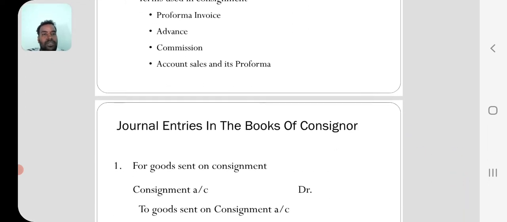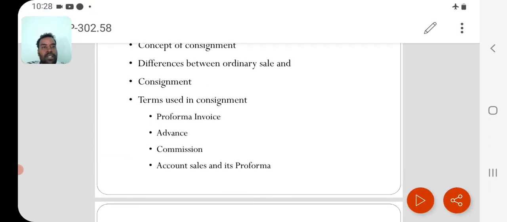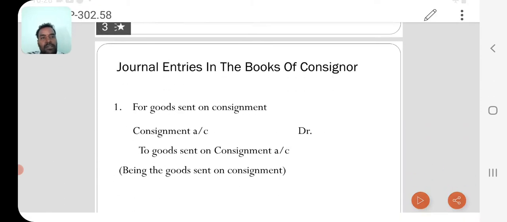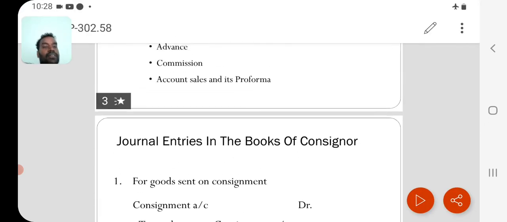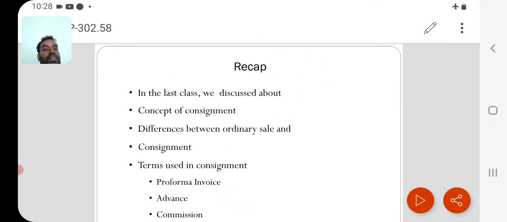So what is meant by consignment? Consignment is nothing but the owner, the trader. The trader is called a consignor. The person who wants to increase their sales in different areas is called a consignor.